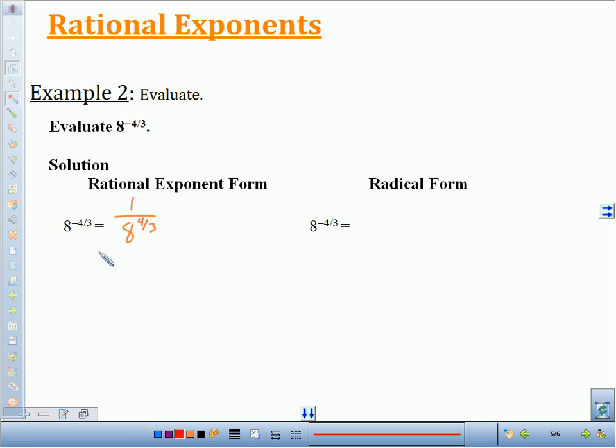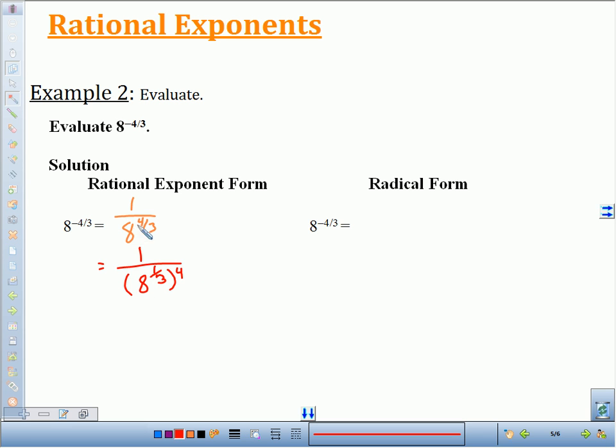Now, my next step, I want to split this up. I know I have m on top and n below. And just to illustrate the steps, I'm going to make a few extra steps here. So I'm going to split this up, put the 8 in parentheses, and split up the m and n.